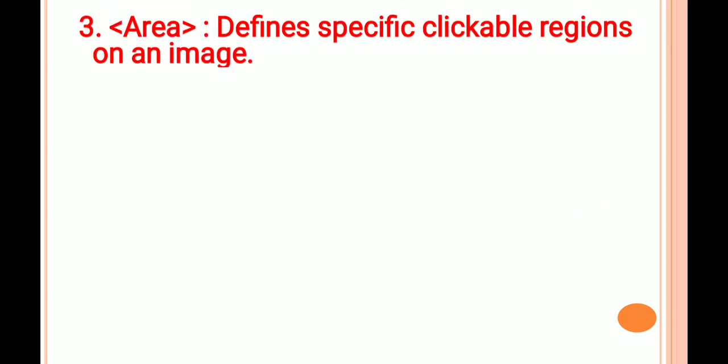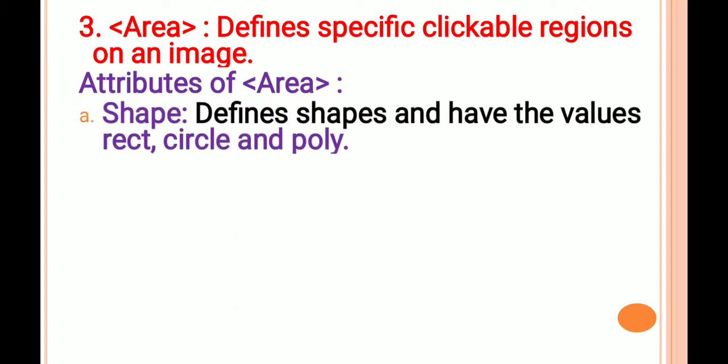The other tag which we make use of for client side image map is the area tag, which defines specific clickable regions on an image. Attributes of area tag. The first attribute of area tag is shape, which defines shapes and has the values rect, circle and poly. If I make use of shape equal to rect, then I can draw a rectangle as well as a square.